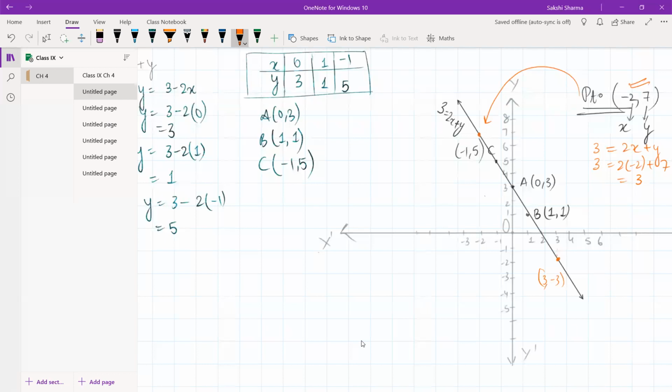Is that correct? Yes, ma'am. Okay, so we have 3, -3, and this value, if used in our equation, will satisfy our linear equation.